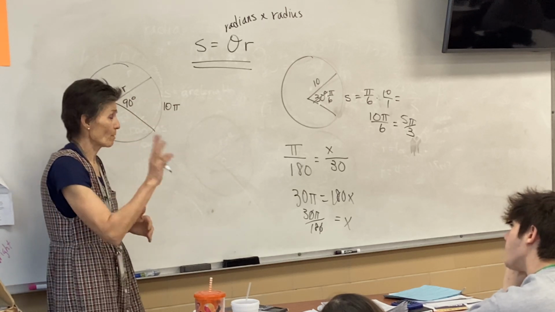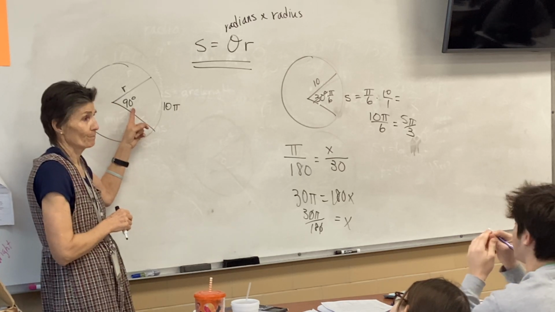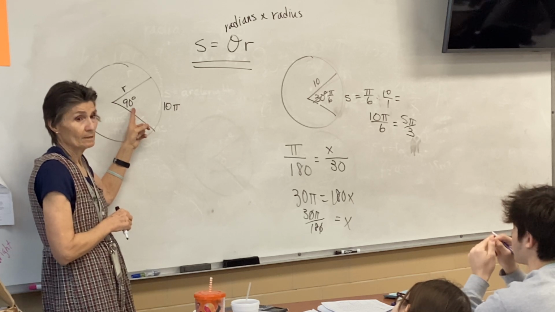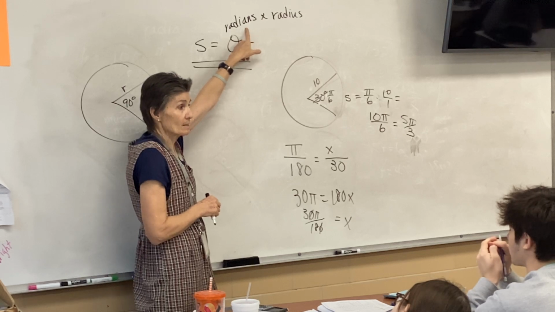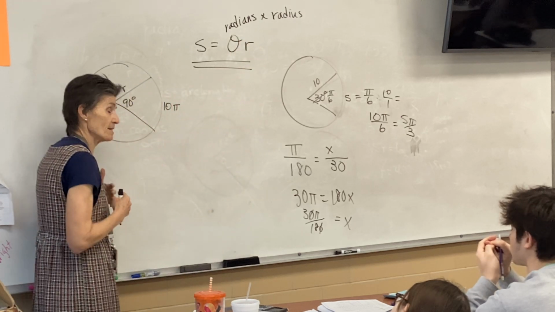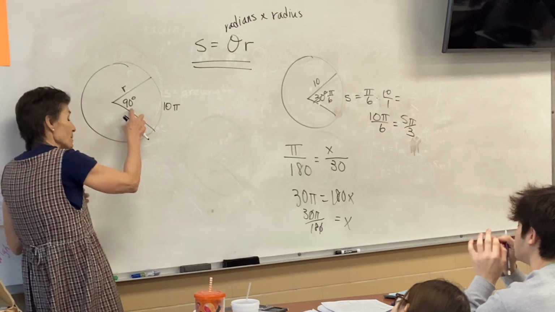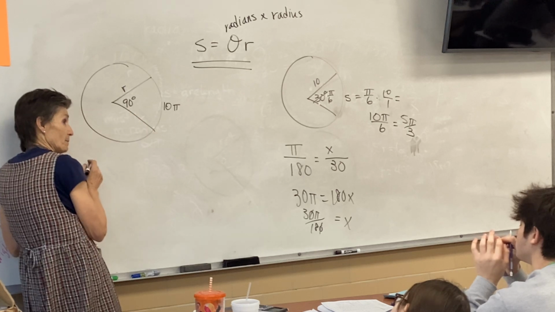Arc length equals radius times radians. Very simple formula, but what's the matter? The angle is in degrees, and it needs to be in radians. So, this is not the answer to the question, but over to the side, I've got to figure out how many radians that is.